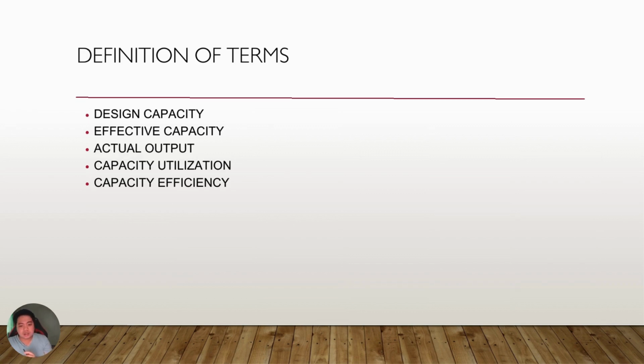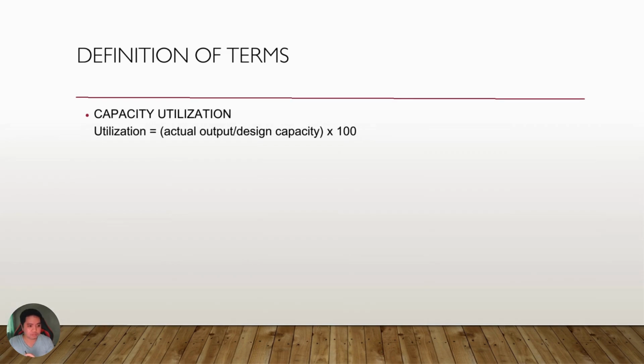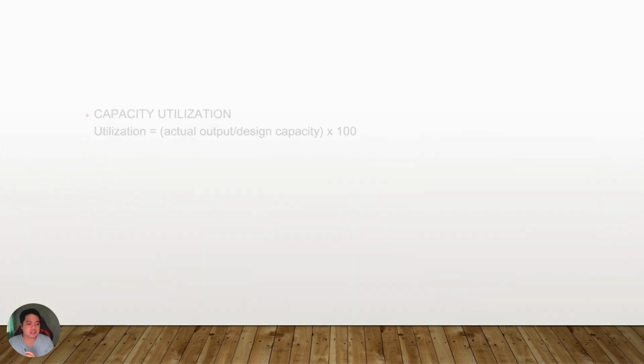Capacity utilization refers to the manufacturing and production capabilities that are being utilized by the enterprise at any given time. It is computed by the formula: utilization is actual output over design capacity, times 100, to get the rate. On the other hand, let's tackle capacity efficiency.